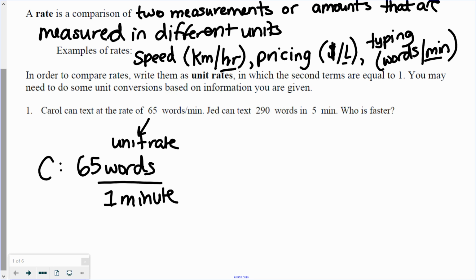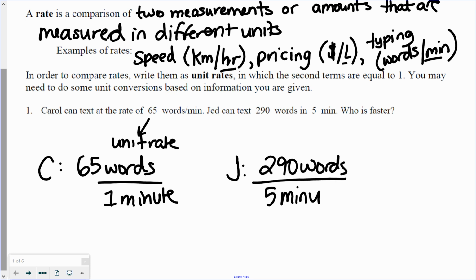Whereas Jed's, we're given a little bit of different information. So Jed can do 290 words in 5 minutes. So if we take 290 and divide it by 5, we get our unit rate for Jed, which would be 58 words per 1 minute.